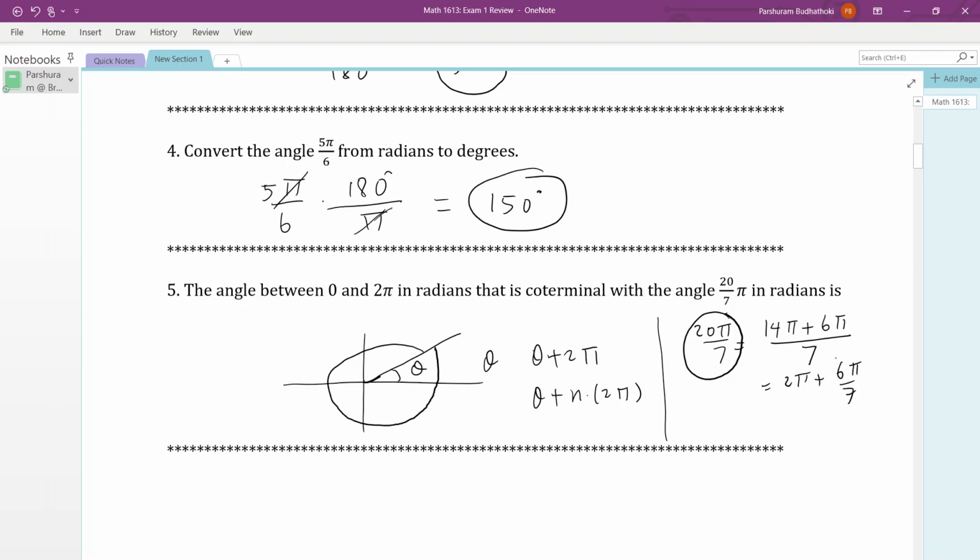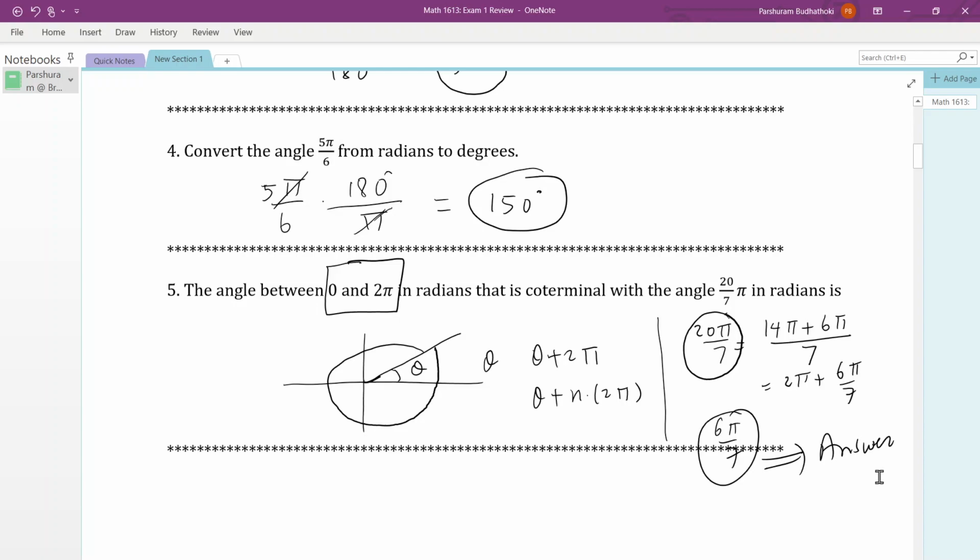That's why 6 pi over 7 and 20 pi over 7 are coterminal angles. And remember, we need to find something between 0 to 2 pi. So 6 pi over 7 is less than 2 pi. So the coterminal angle for 20 over 7 pi is 6 pi over 7. So 6 pi over 7 is your answer. This is the answer.